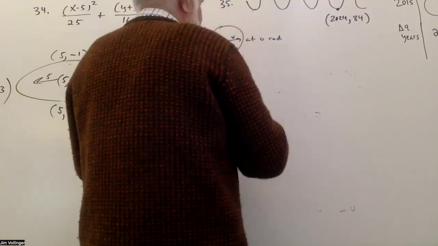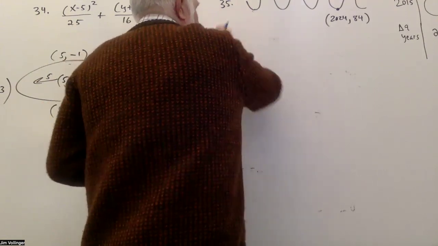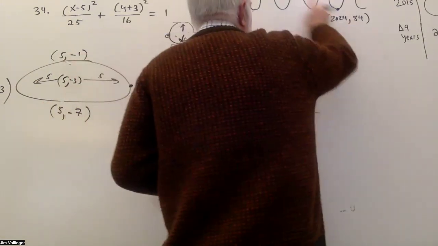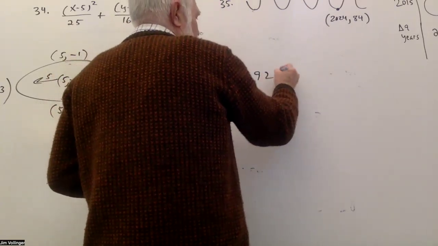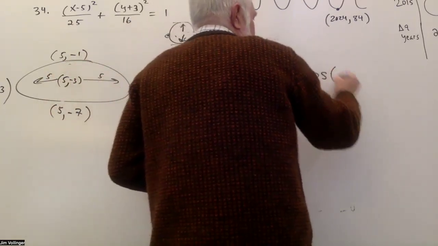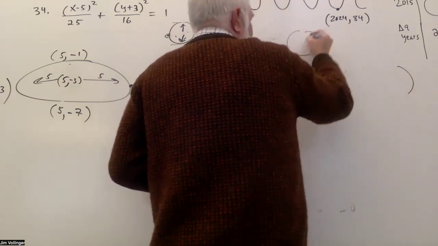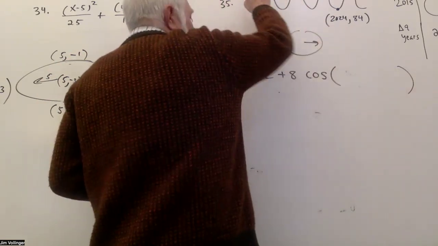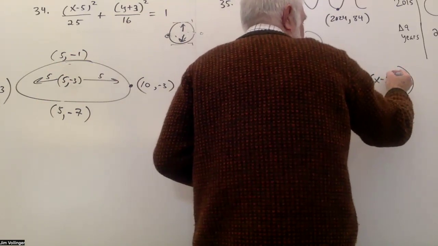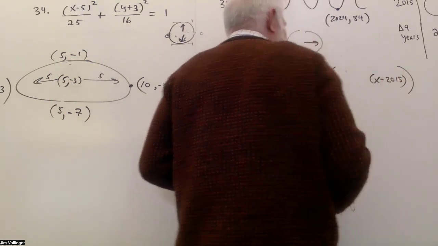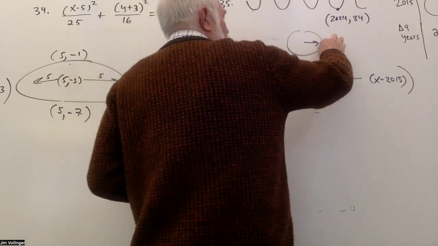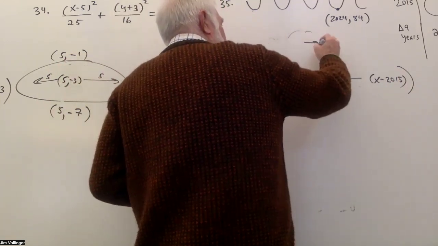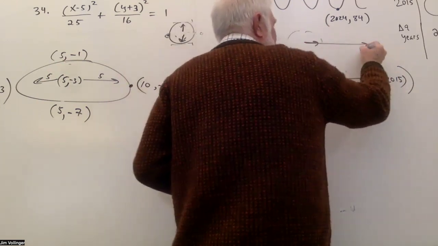Okay, so what do we have here? We have midline. What's between 84 and 116? 92. We're going up and down 8. Let's do the cosine first. Cosine is a max at 0, right? So how do I make 2015 a 0? x minus 2015, that's done. And then we have the circumference of the circle. When we unwrap it, it becomes your x-axis.